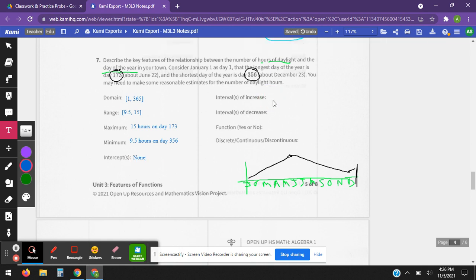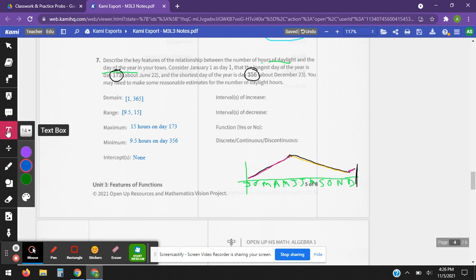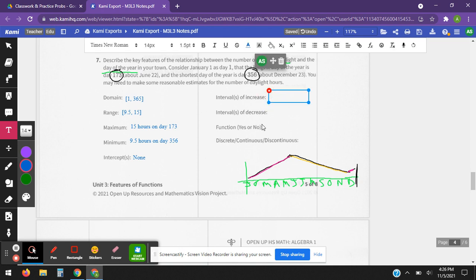And so then our increases, if we look at this, we have an increase right here, and then we have a little baby increase right here. And our decrease is in between, right? Since our graph starts not on that, the way it was going. So let's go ahead. Oh, I didn't switch my text. Oh, well. Interval of increase.